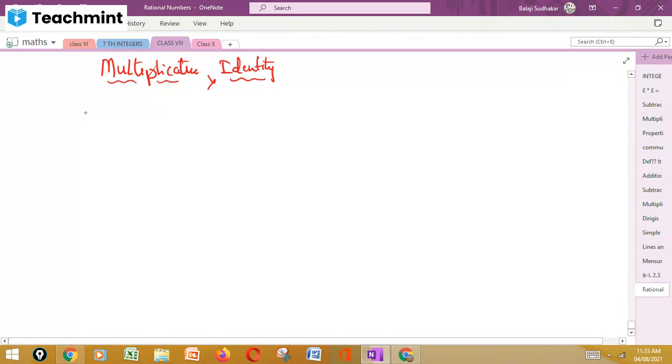See here, whenever you take any rational number, -20 by 77 for example, what do you have to multiply it by to get -20 by 77 only? 1, sir.